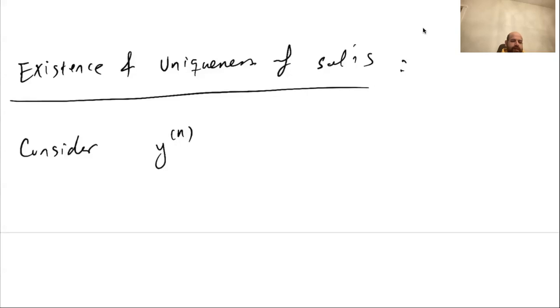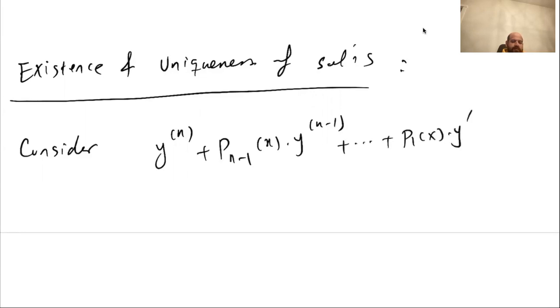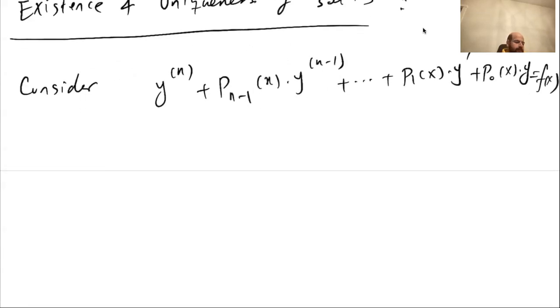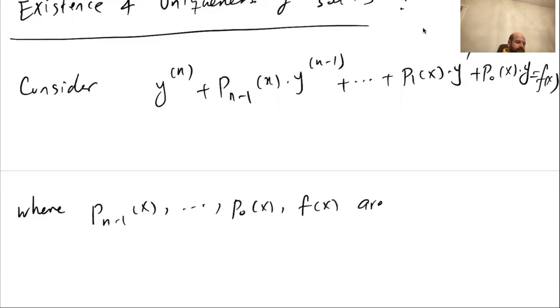So let's consider y nth derivative plus p n minus 1 of x times y n minus 1 derivative, all the way to p1 of x times y first derivative, plus p0 of x times y equals f of x, where p n minus 1 of x all the way to p0 of x and f of x are continuous functions.